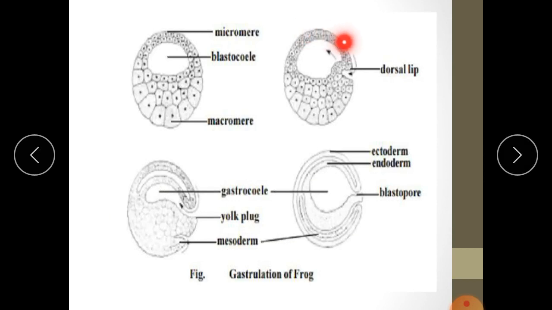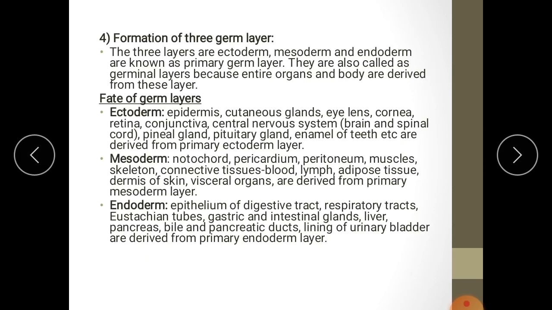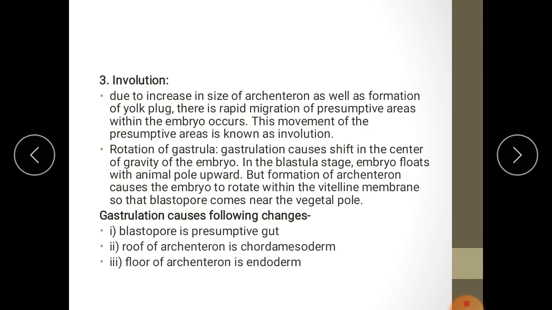See, these are moving inside. You see here? Moving inside. This movement of cells inside the embryo is called involution. Rotation of gastrula: gastrulation causes a shift in the center of gravity of the embryo.